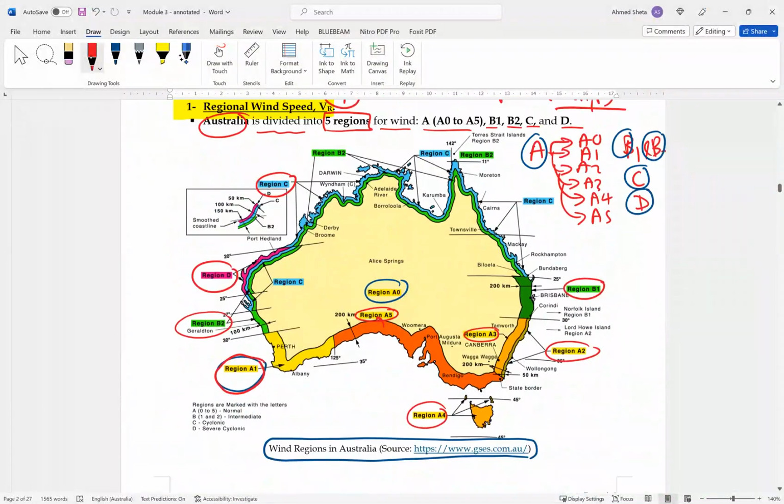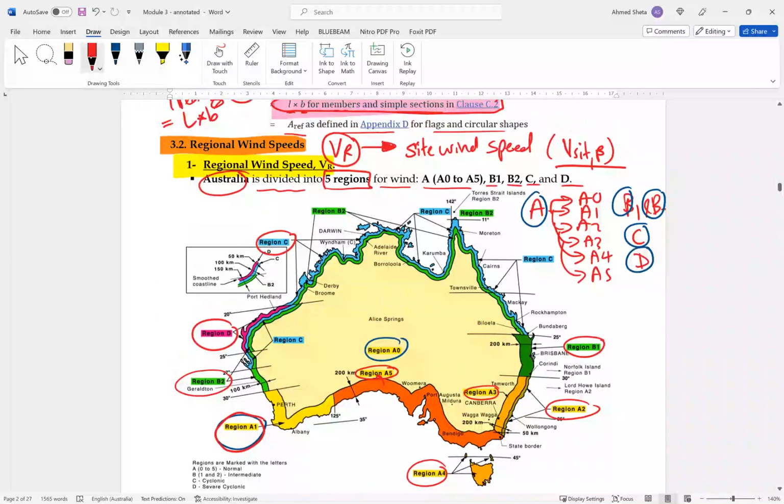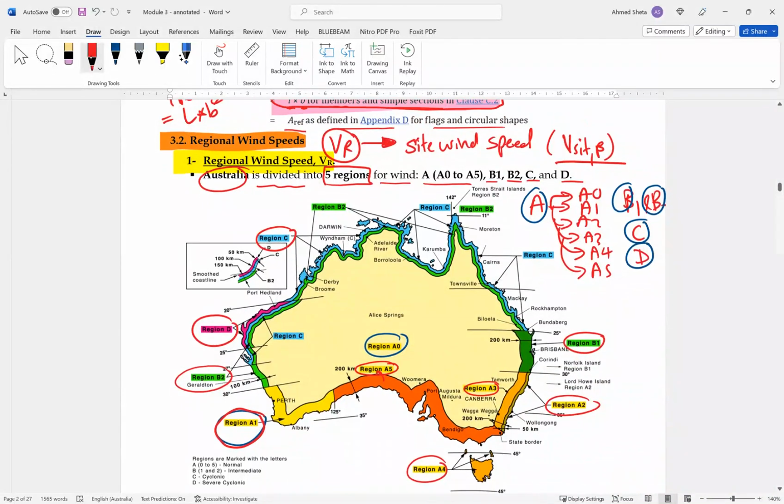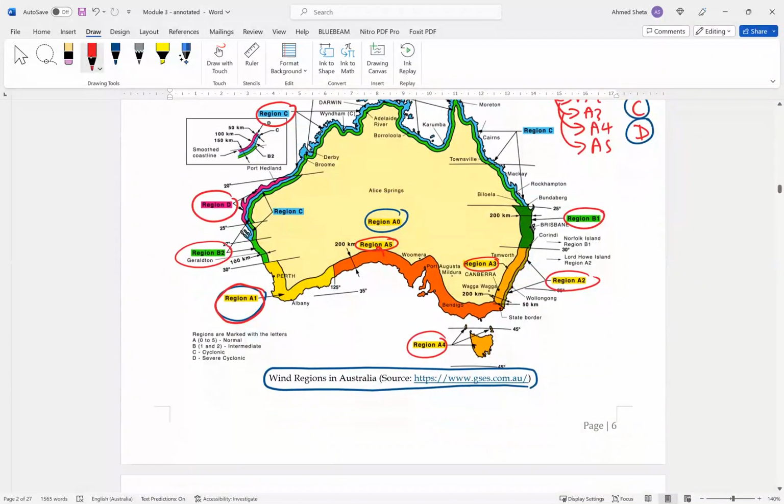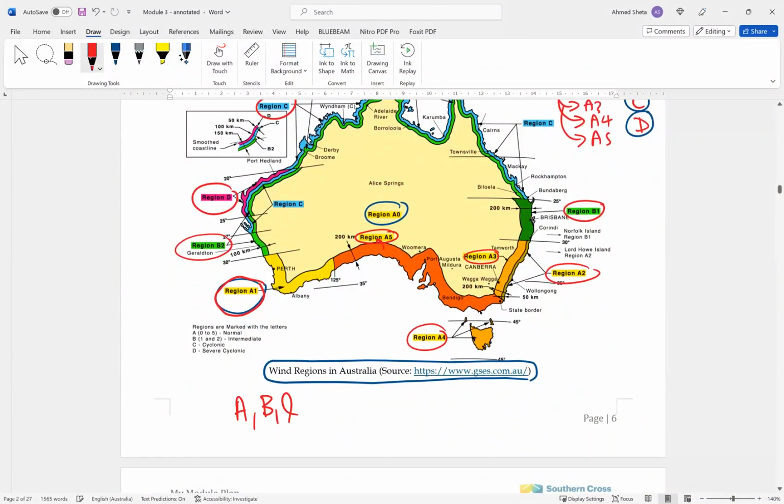As you can see, and as we will learn later, regions A, B1 and B2 are non-cyclonic regions. C and D are cyclonic regions.